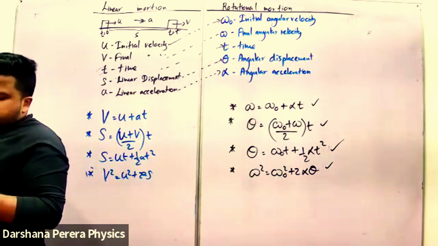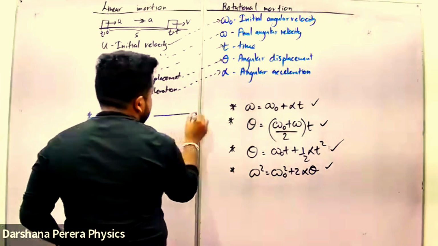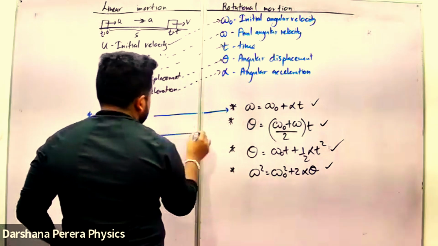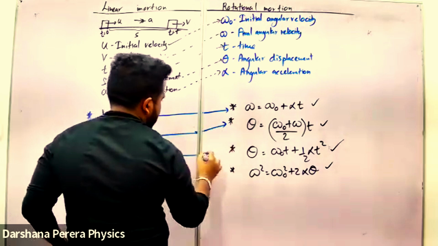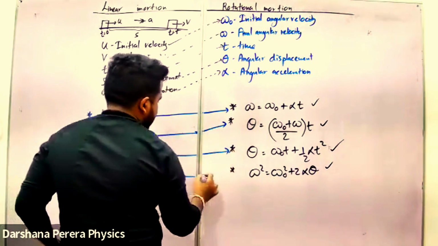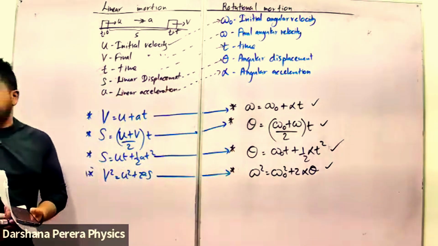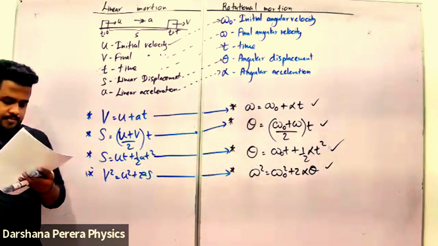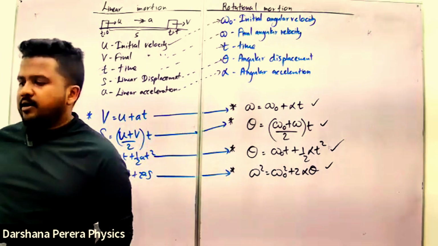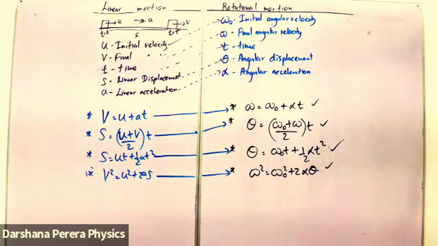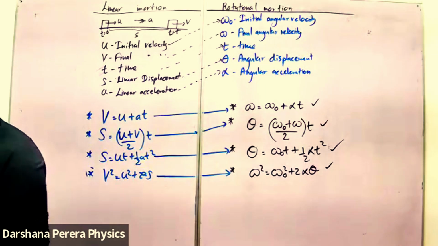It can be used in circular motion just like linear motion, right? Write down this table. It's like the linear motion equations. There is no difference.